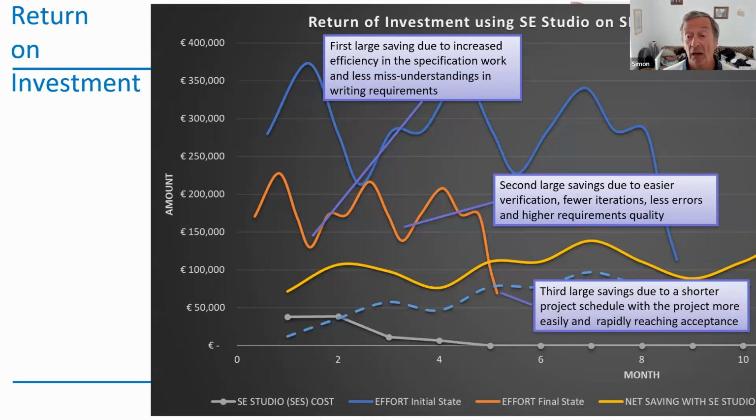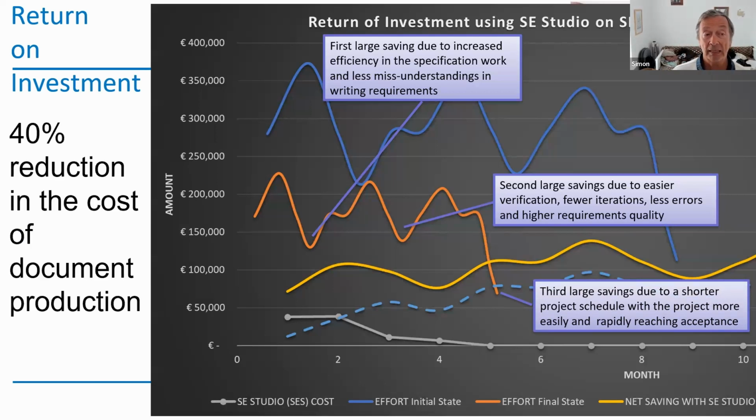And again, there's a third large saving. So on this crude measure, and I accept it is crude, there's a potential of a 40% reduction in the cost of document production. That's what we're measuring here, the cost of writing those large documents. And I think we produced better documentation, but we also did it quicker.